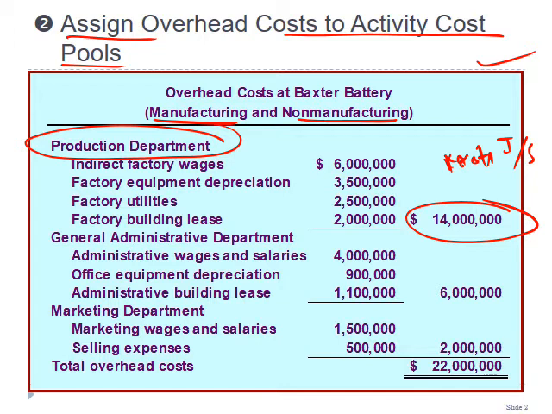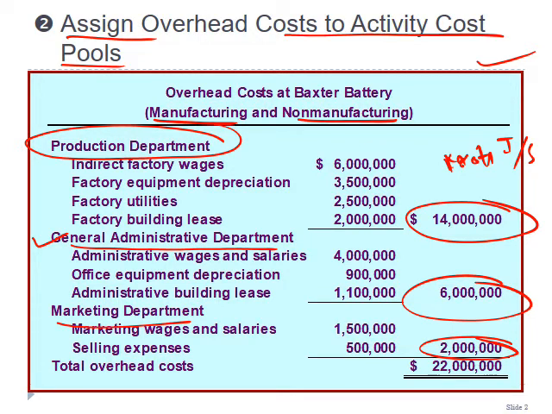If you just go back and see the income statement, you will see that the 14 million is basically the manufacturing overhead in the income statement, and the total cost for the general, administrative and marketing expenses is the general administrative department, that is 6 million, and the marketing department, which includes wages and selling expenses, that is 2 million.